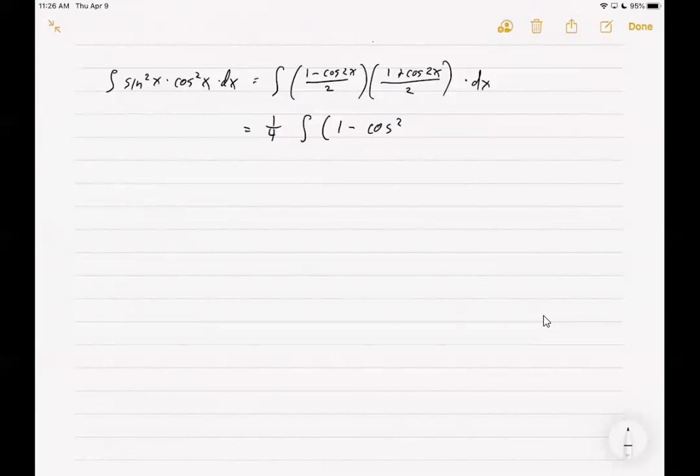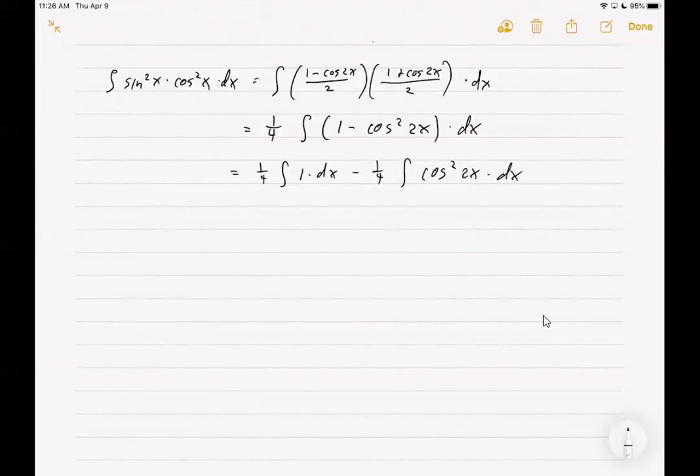Okay, so that becomes 1 minus cosine squared of 2x integrated with respect to x. All right, and so then we can rewrite this as 1/4 the integral of 1 dx minus 1/4 the integral of cosine squared of 2x dx, right?